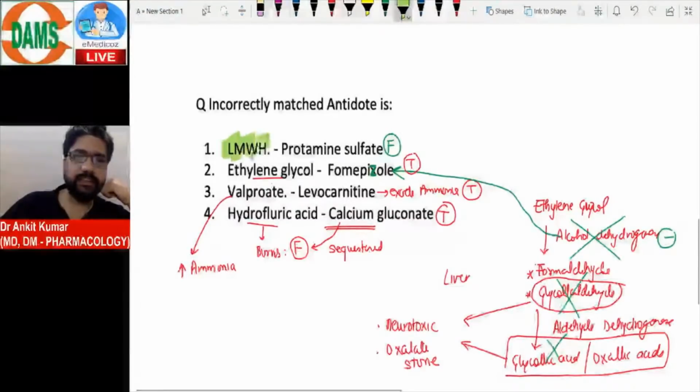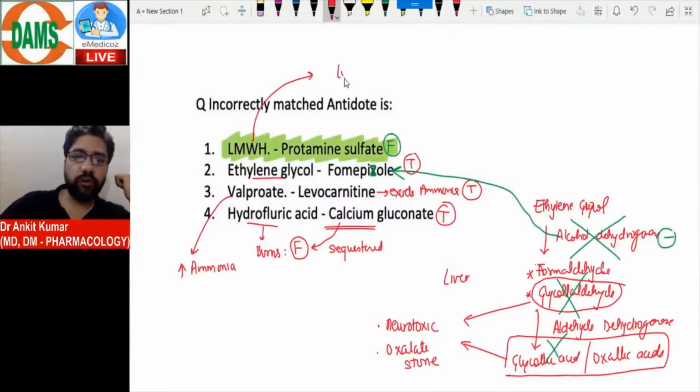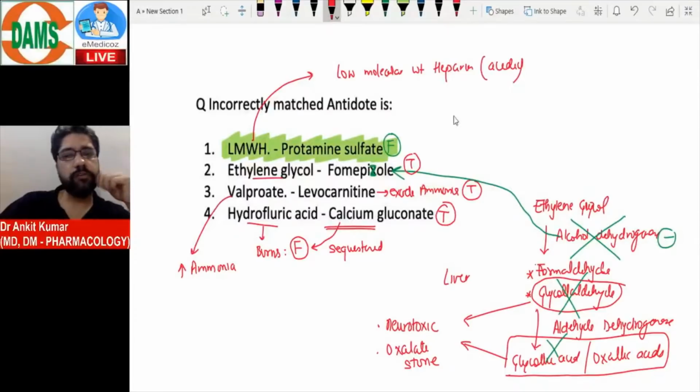Now let's understand the incorrect statement. What is LMWH? LMWH stands for low molecular weight heparin. Remember, heparin is a highly acidic molecule present in the body.